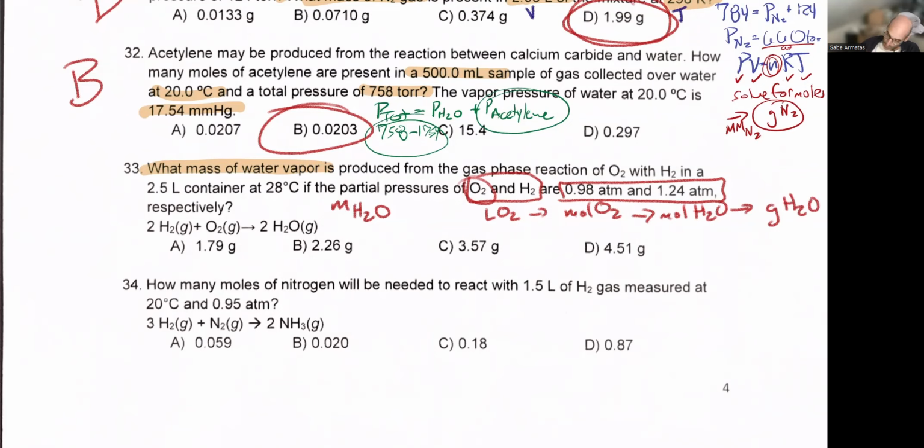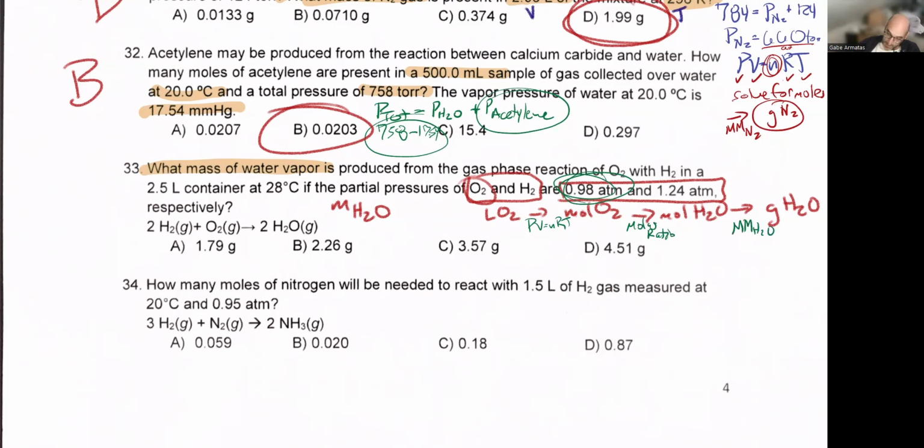For liters, we're going to use PV equals nRT, but the pressure is going to be the pressure that's designated, because that will give us moles ultimately. Then you do the molar ratio, and finally the molar mass of H2O.